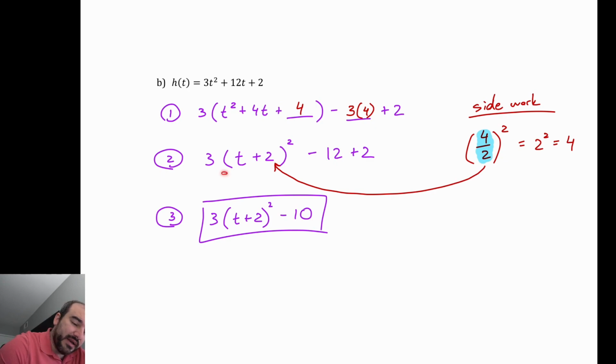And then after that we write it as a perfect square, so we take whatever this was in the parenthesis before we squared it, and that is the number that goes after your variable.